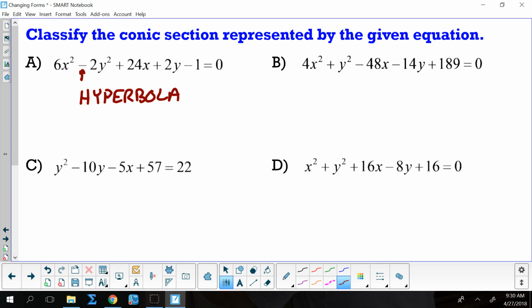Okay? Are the coefficients the same or are they different? Different. So different coefficients are ellipses. So this is an ellipse. Because of that 4 and that addition sign.